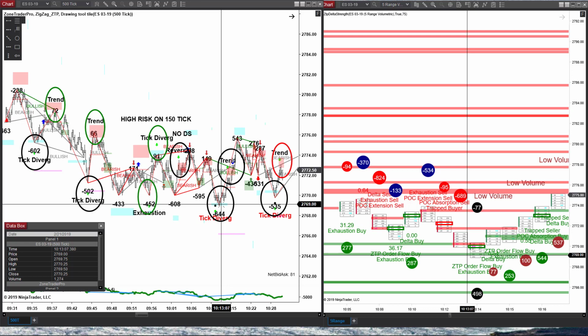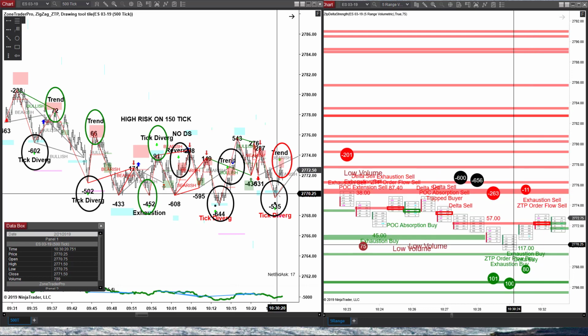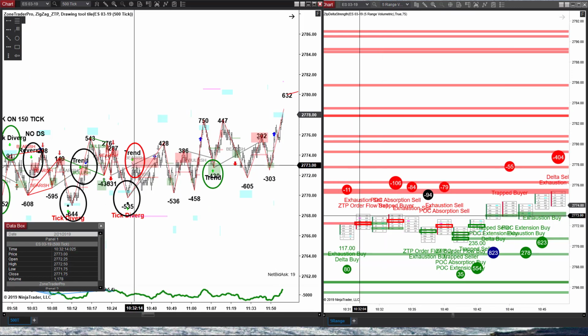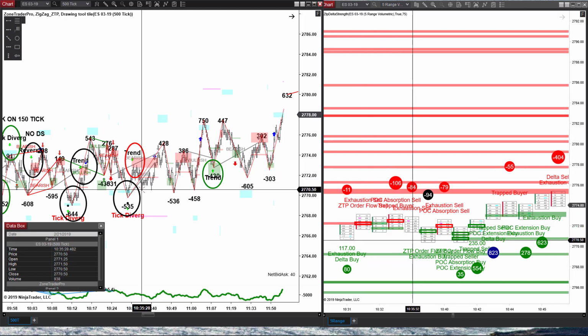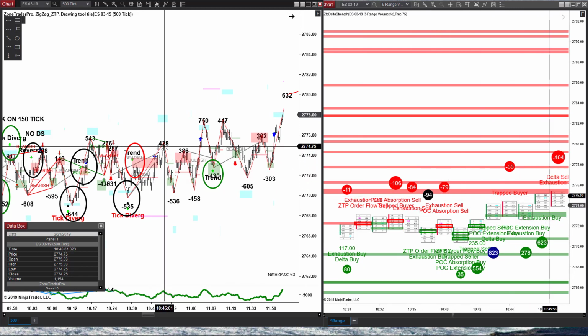However, I'm not going to count that as a win. Here there was no order flow for this trend trade, and similarly with the previous tick divergence trade, it was non-tick divergent. Here we had a trend trade that I'm calling a loser because at this point in the trade we had both order flow and delta strength. The market traded down probably 2.5 points and then traded up and traded through the zone. So that is our first loss.